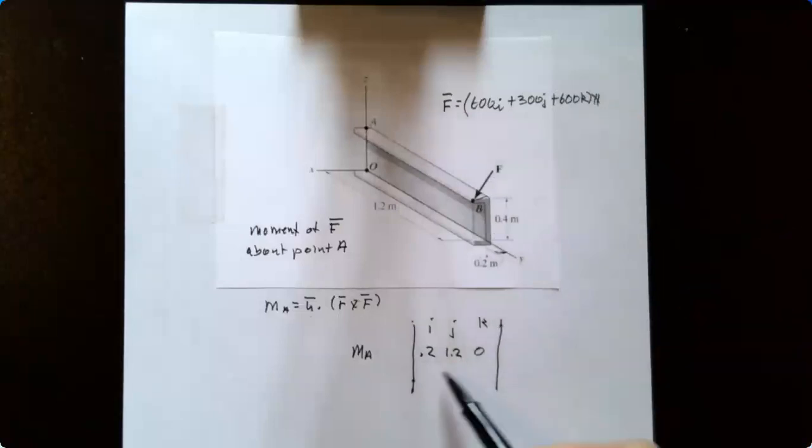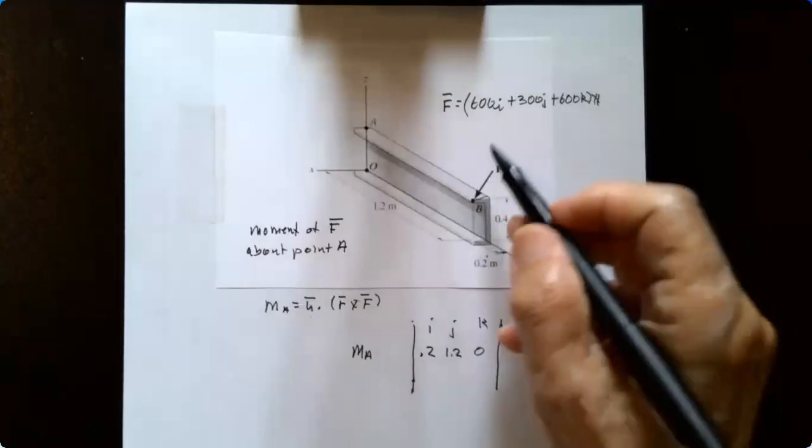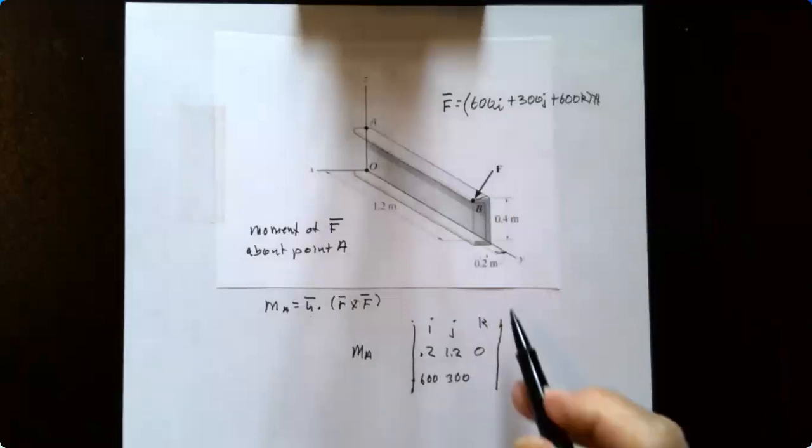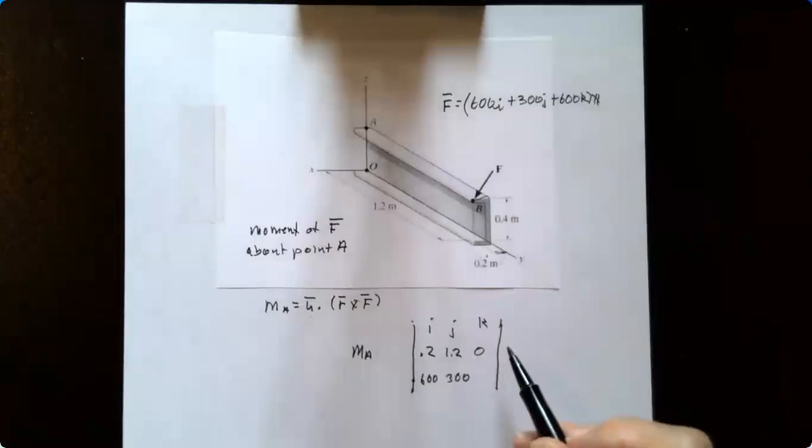And then the third row is just the Cartesian vector, the ijk component. So this is 600 plus 300 plus the third, which is 600.